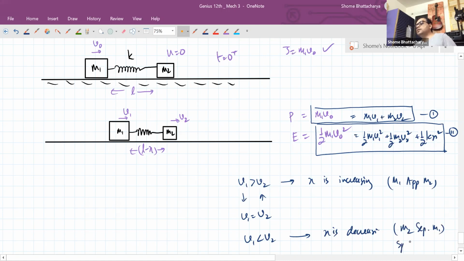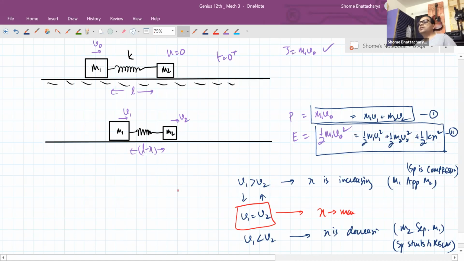So the spring starts relaxing, whereas here the spring was compressing. So it is precisely this moment in between when V1 is equal to V2 that is when X is maximum.